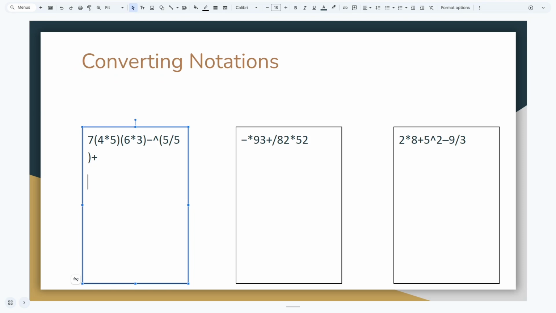So now our new equation would be 7, 4 times 5 already converted, 6 times 3 already converted, minus, power, 5 divided by 5 already converted, and plus. So now where else do we see operand, operand, operator? Remember, the things in brackets are counted as a whole operand. So this, and then we see another one, and then a minus.